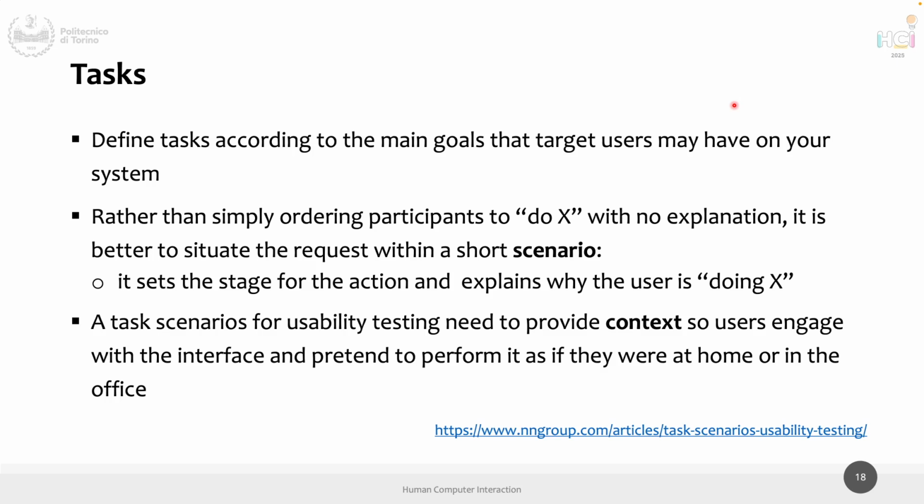Tasks. Tasks need to be defined according to the main goals that the user may have on your system, on your application. So in our case, you already have three tasks. If you remember, we have a simple, a moderate, and a complex task. The tasks for the usability testing are typically subtasks of those three tasks.